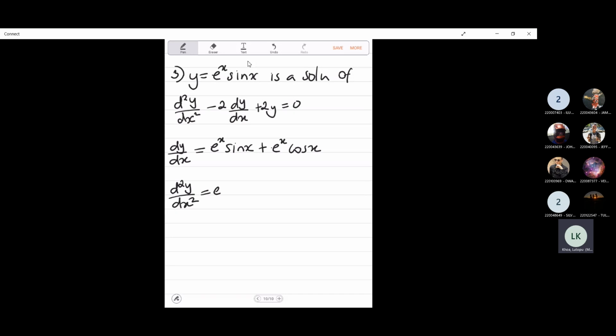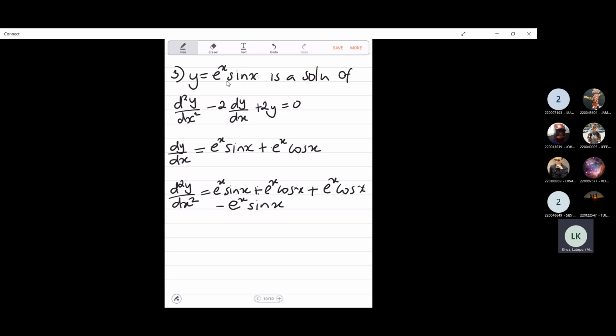So we have e to the power of x sine x plus e to the power of x cos x, and then the derivative of e to the power of x cos x is e to the power of x cos x minus e to the power of x sine x.